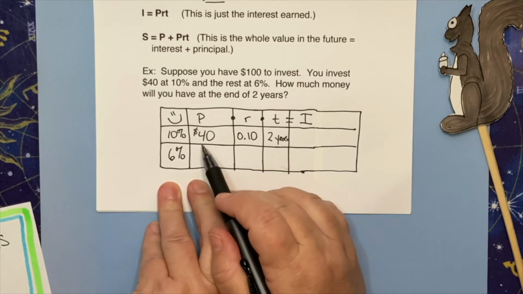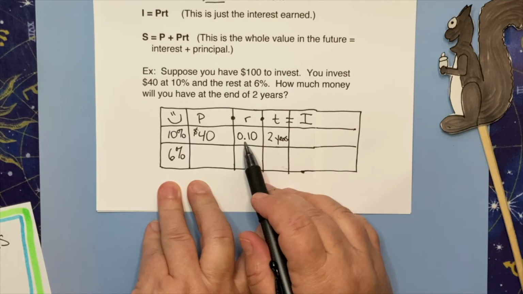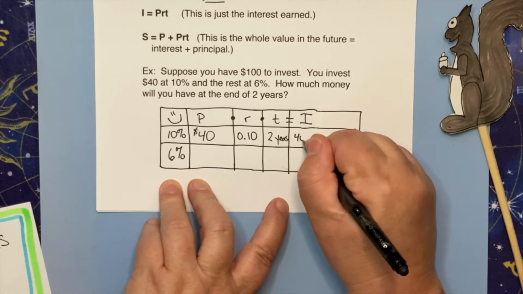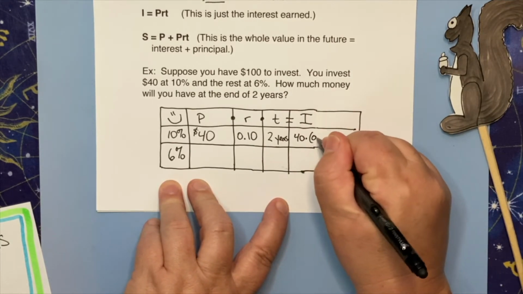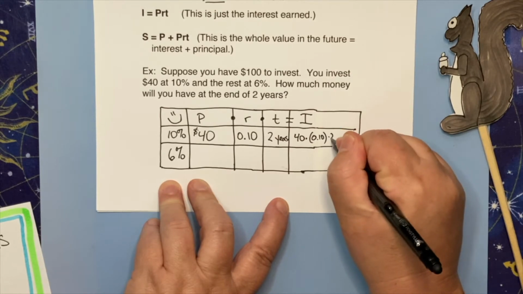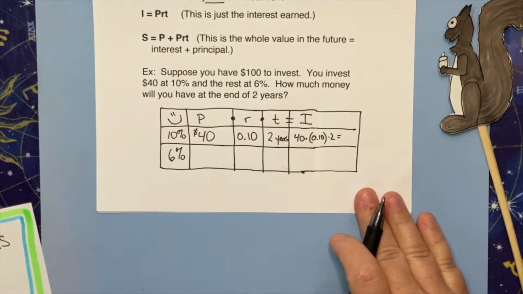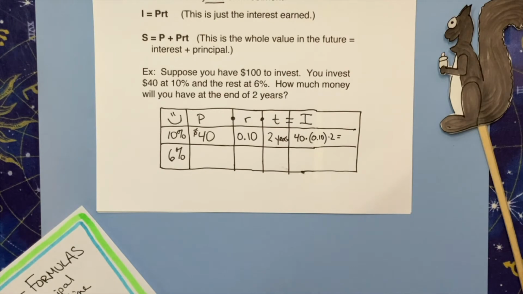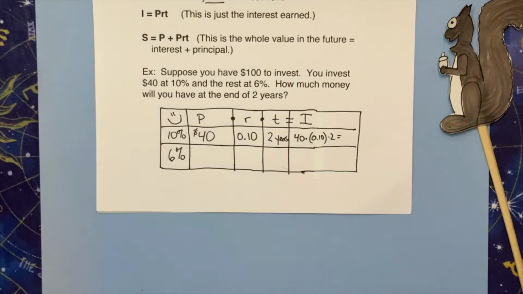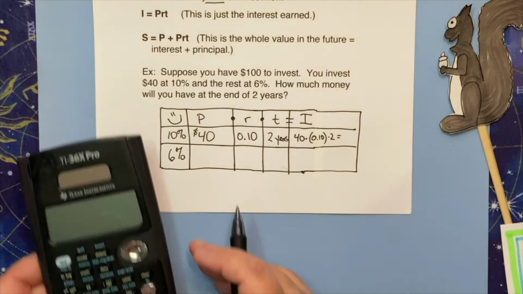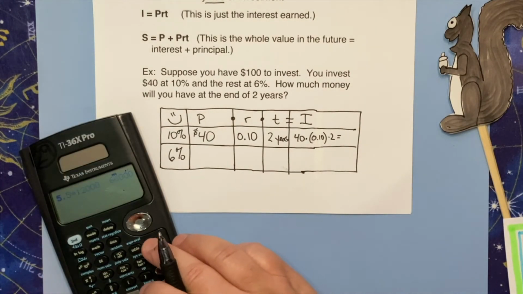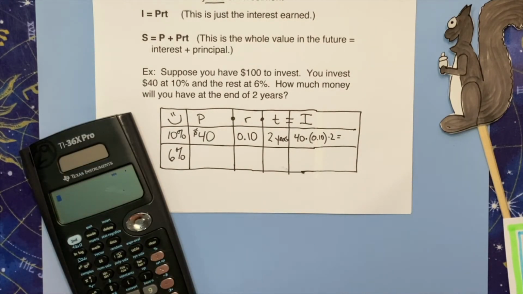So what we're going to do is we're going to take the $40 times 10% times 2 years. So 40 times 0.10 times 2, and you could do this on a calculator. I'm sure a lot of you probably can work this out in your head, but you're always welcome to use a calculator. And we've got 40 times 0.1.